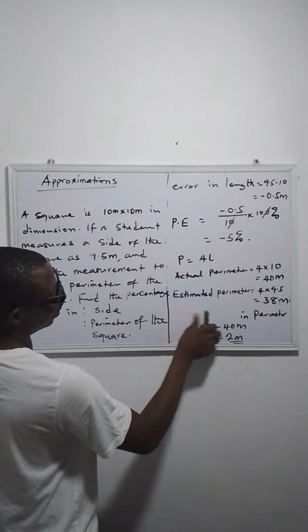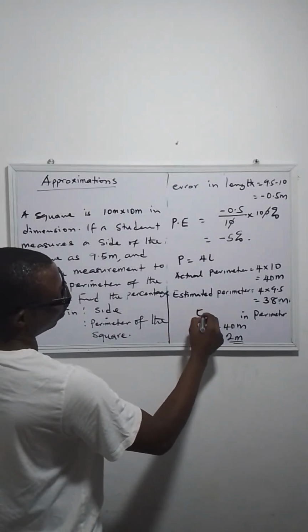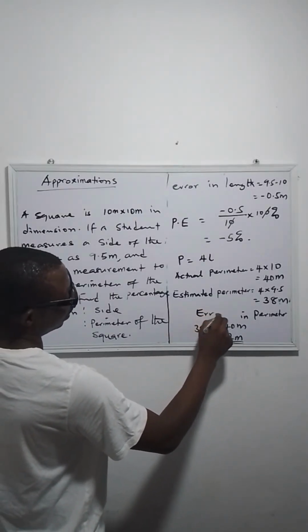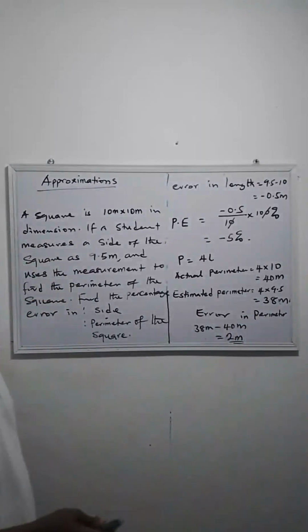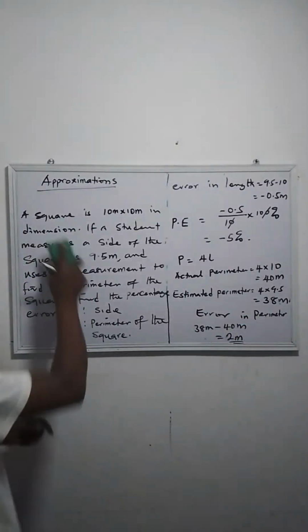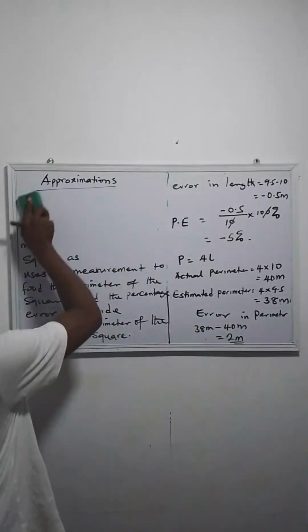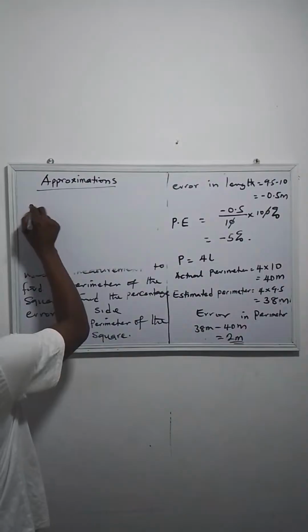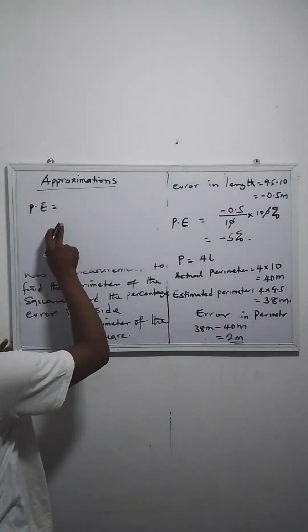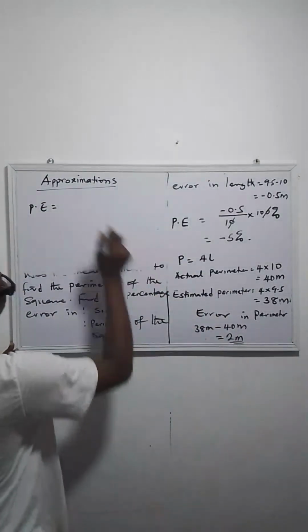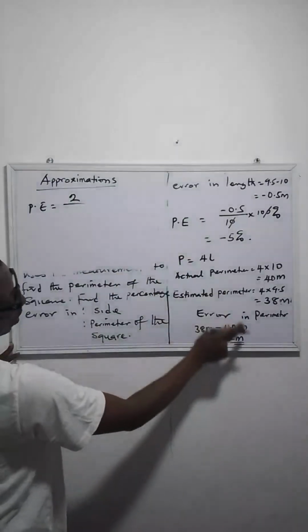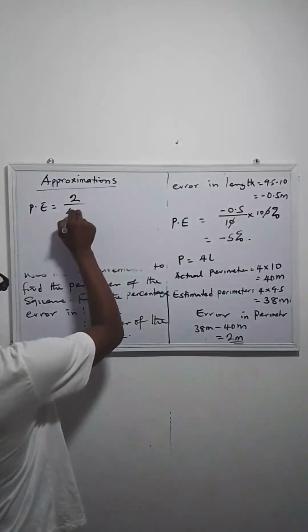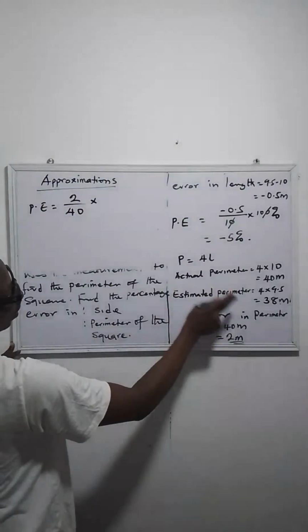I beg your pardon. So that's supposed to be the error in perimeter. Okay, so we have to calculate the percentage error now. So what is going to be the percentage error? So percentage error is going to be the error, that's 2, over the actual perimeter, that's 40, times 100%.